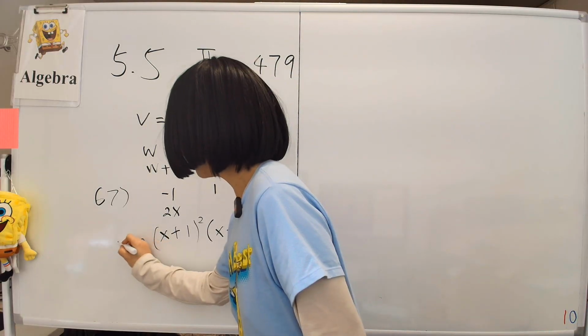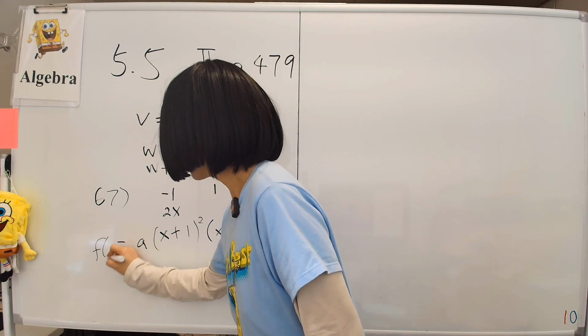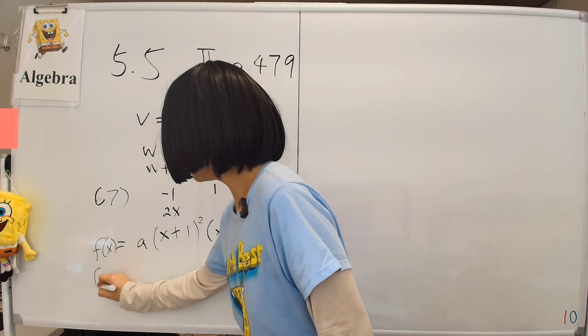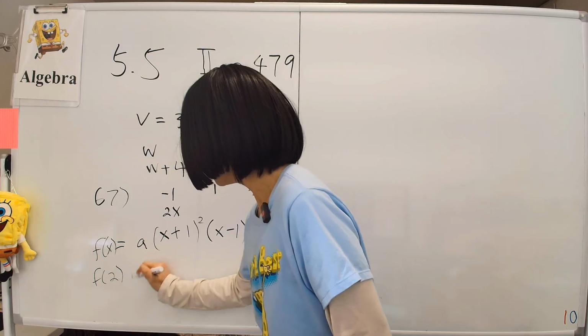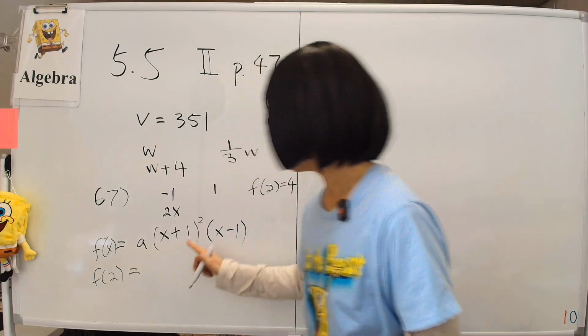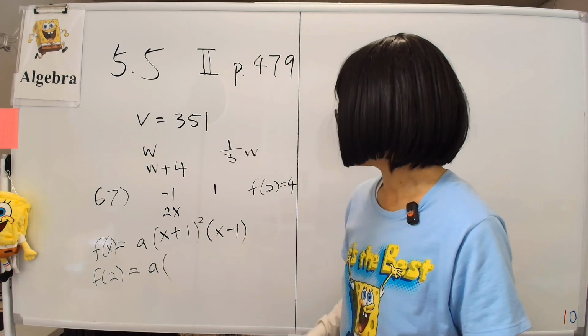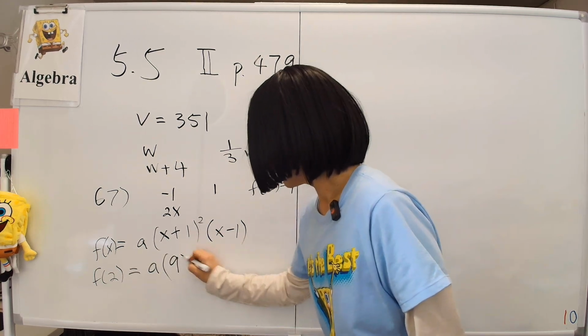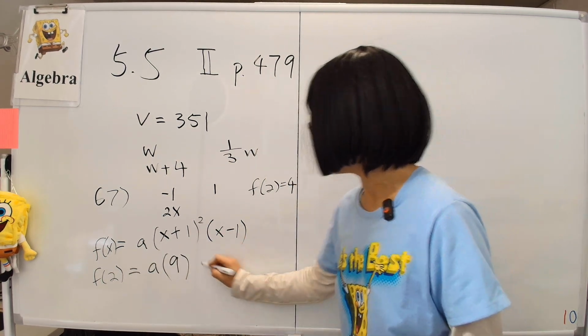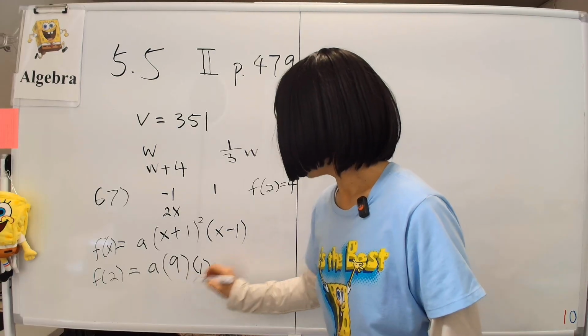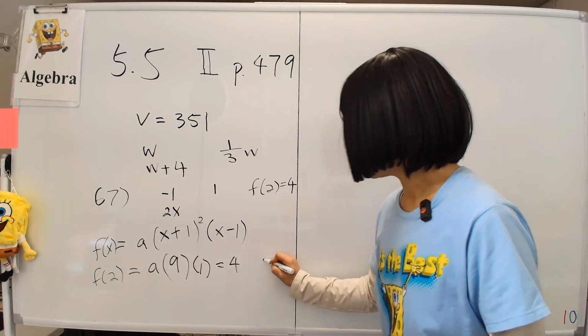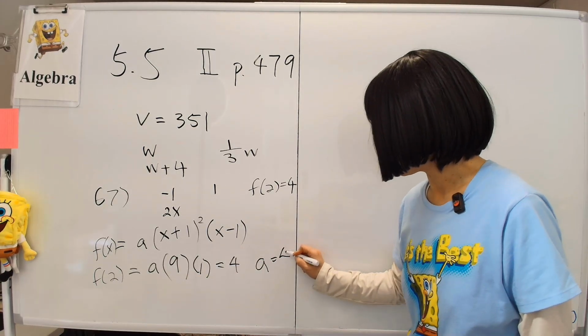So this is f of x. If f of 2 equals 4, let's plug in 2 here. That would be a times 2 plus 1 is 3, squared is 9, and then 2 minus 1 is just 1. So that equals 4, which means a equals 4 divided by 9.